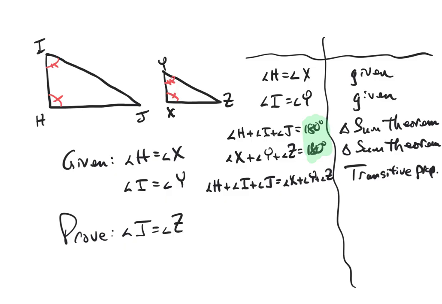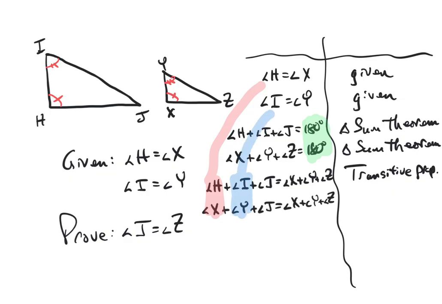I'm going to replace angle H with what it's equal to. I'm going to replace angle I with what it's equal to. And I'm going to leave everything else alone. All right, and when I replace something, let me choose a highlighter so you see exactly what I did. I replaced H with what it was equal to. I replaced I with what it was equal to.